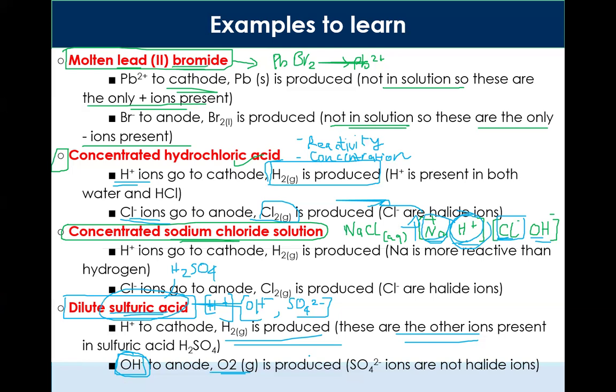No. Halide ions are the ions of group 7. So halide ions are basically chloride, bromide, iodide, fluoride. We have sulfate, which is not a halide ion, right? And that's why hydroxide will get preferentially discharged, and this will produce oxygen at the anode, right?